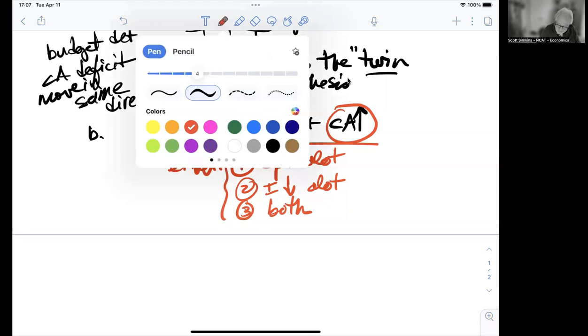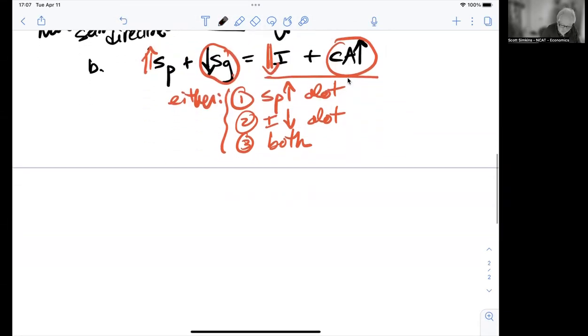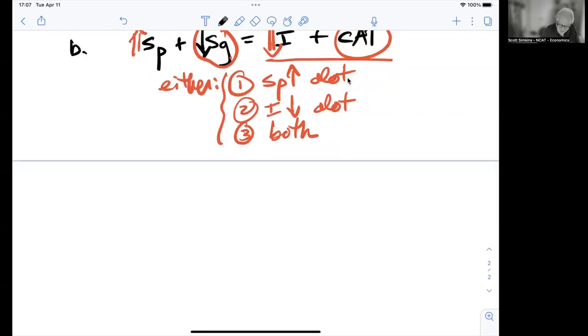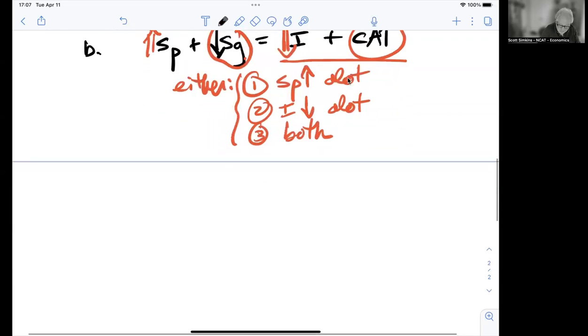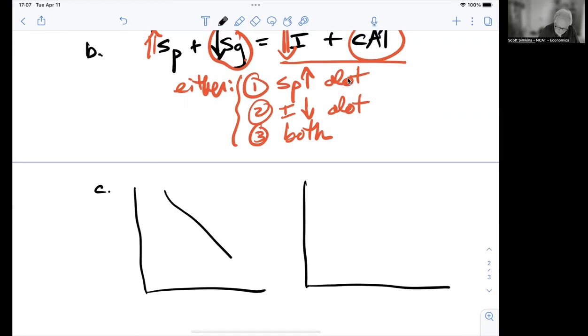Now, what does this look like in terms of the open economy model, part C? How can we actually get this to be the case? Let's draw the model. The home economy is going to have a budget deficit to start with. That's the real thing here in this data.